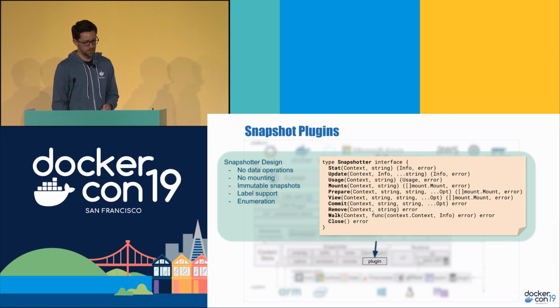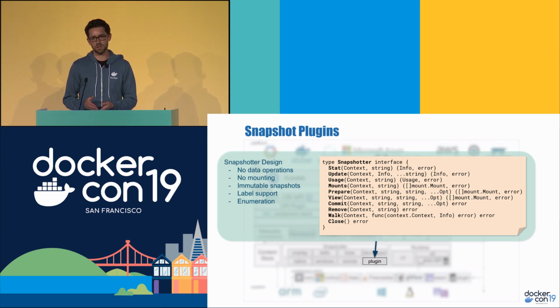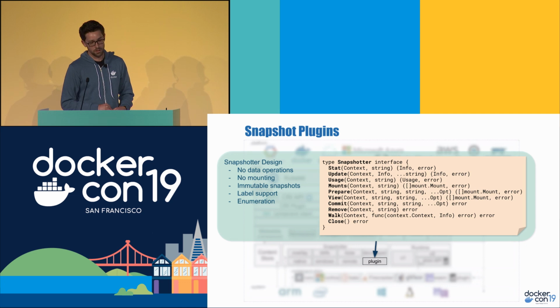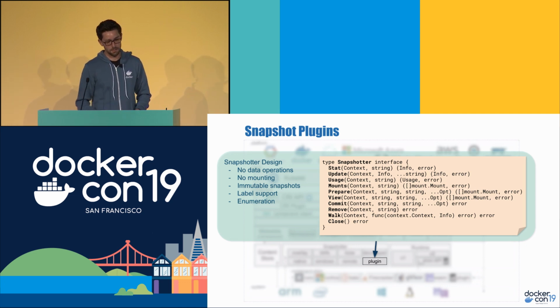We also have some new stuff around label support, which we didn't quite have in Docker graph drivers. So basically label support just allows you to pin any metadata that you need to the snapshotter. So it's a little bit more flexible if you're building on top of Containerd and you need to store some information about what's inside that snapshot or something about that snapshot that you need to use, you can just put that in a label and it's namespaced and just store it along with your snapshot ID.